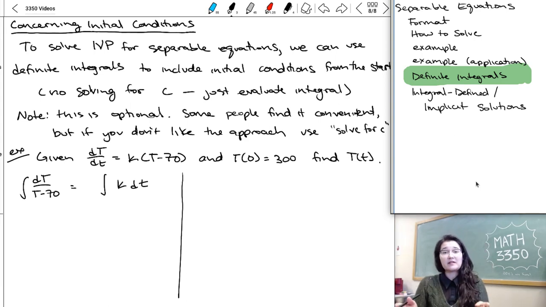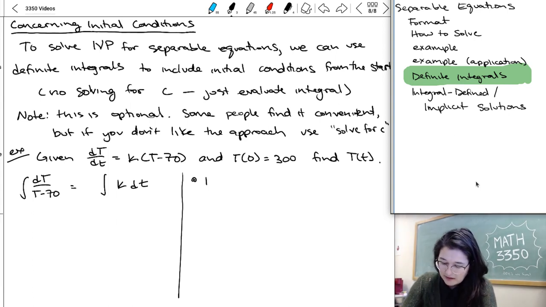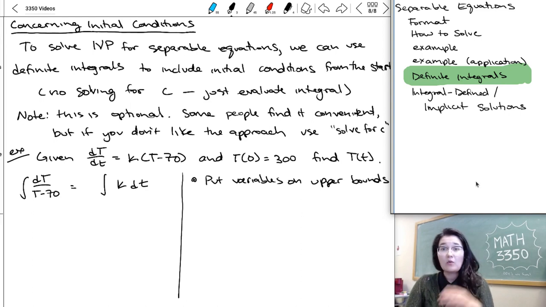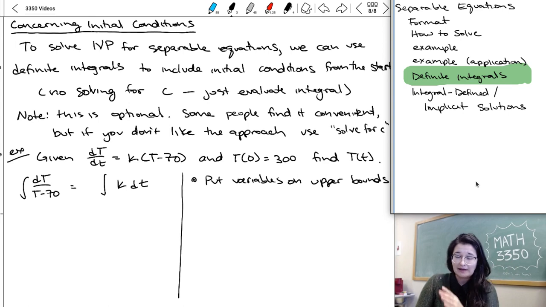So the setup of these two integrals is the same. But then what we're going to do is put our variables on the upper bounds. So what's the thing we want to solve for, and the thing it depends on, are the dependent and independent variables. So that's big T and little t.